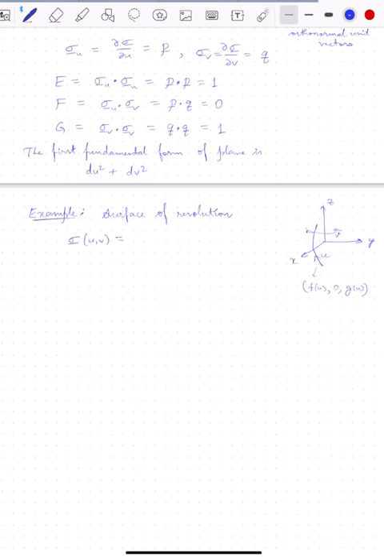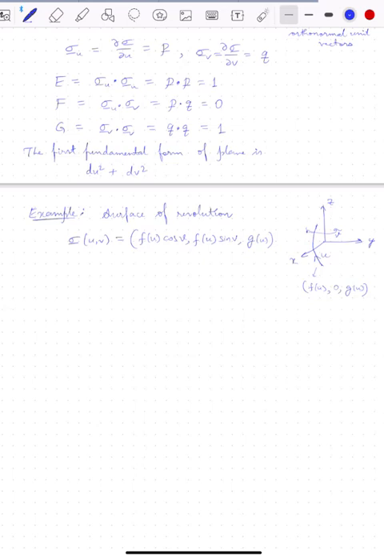The expression is given as f of u, as usual, into cosine v, comma, f of u, then sine v, comma, g of u. Now what we can clearly see is that at v equal to 0, cosine v is 1 and sine v is 0, because of which we automatically get the profile curve. Fine.